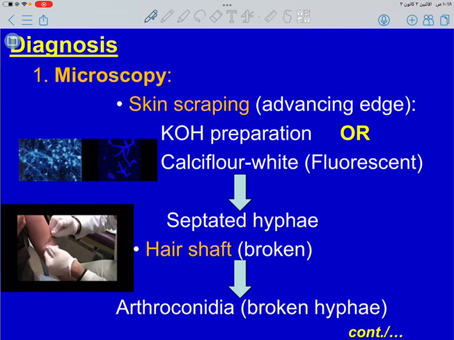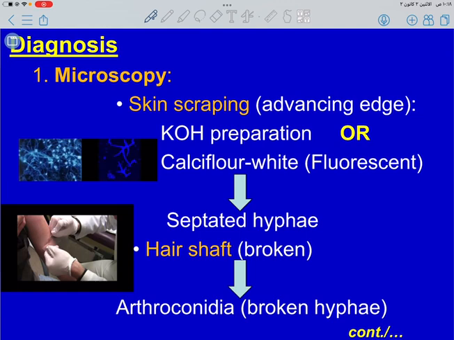And a slide beneath it, so you can see the picture here, the slide and the scalpel. And do skin scraping. Then you put on it KOH.